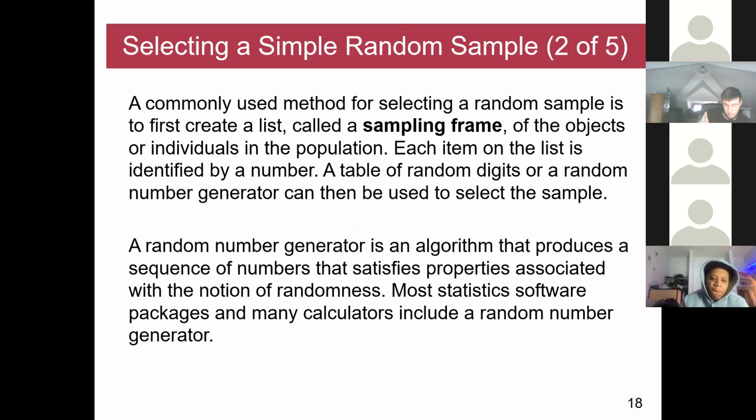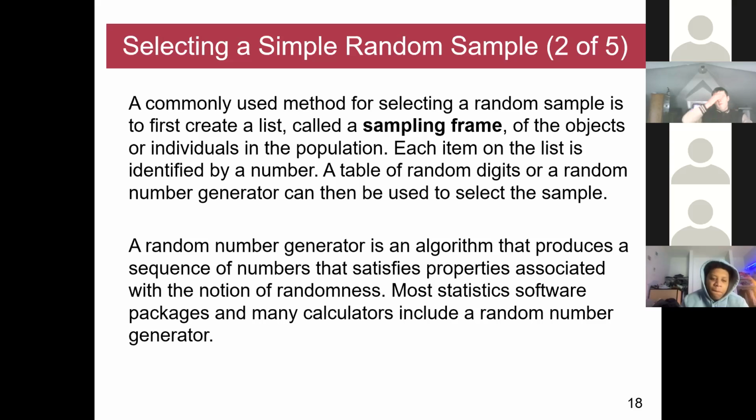Now, here's the sampling frame that I was referring to earlier. Please note, this is a definition that I do test on occasionally. You may not have a list of the entire population, so you create a list called a sampling frame, which approximates what you think the population is.